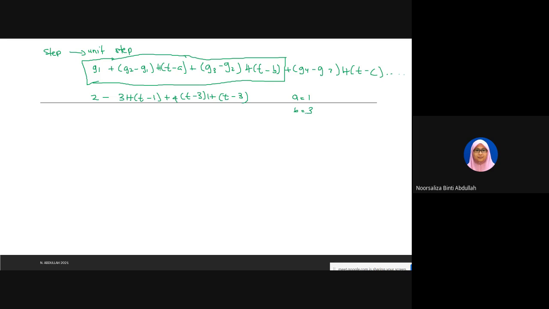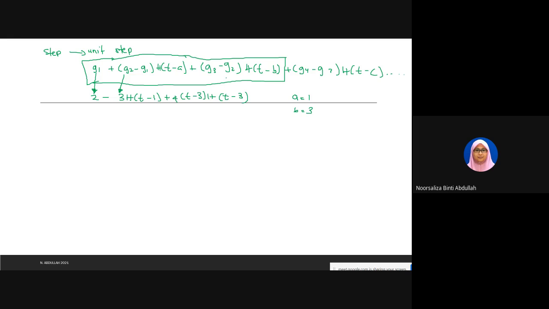So g1 is 2. g2 minus g1 is minus 3, because here is minus.